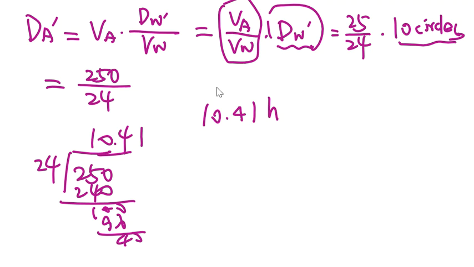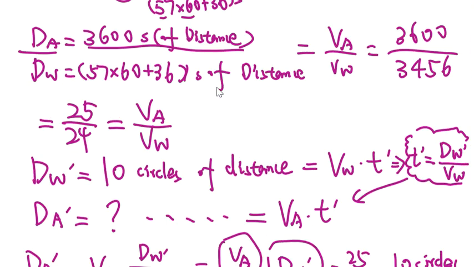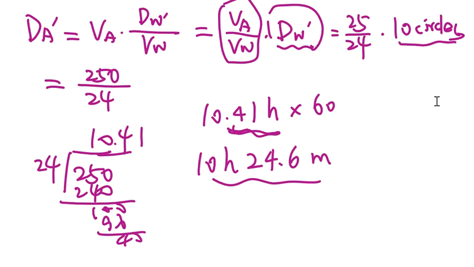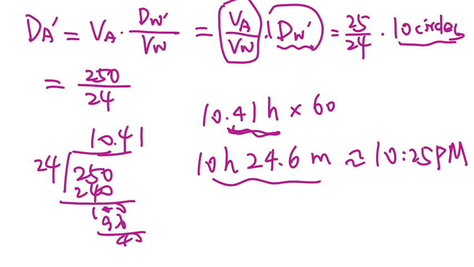It's going to be times 60, because there is this decimal, right? It is going to be 10 hours 24.6 minutes. So if we check the answers, there is this 10:25 p.m. So I think that the answer is going to be 10:25 p.m.